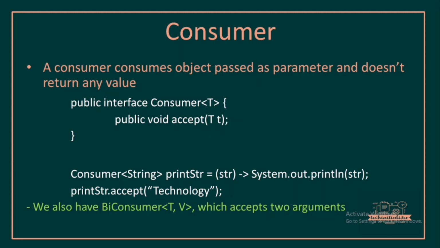We have passed "technology" here, and the result will be "technology" printed on the console. This was the example of a consumer that takes only one argument, but we also have a BiConsumer that takes two arguments and returns nothing. So you can consume both the objects and do whatever you want without returning anything.